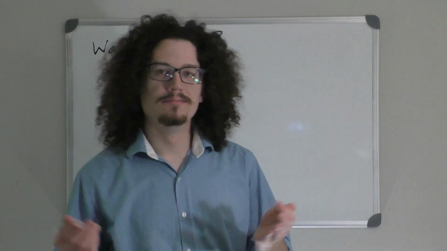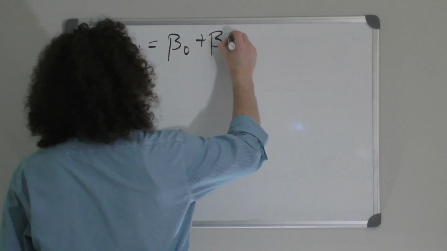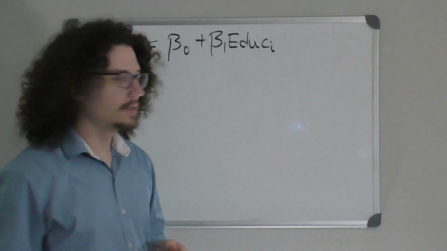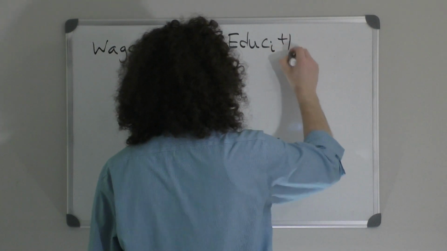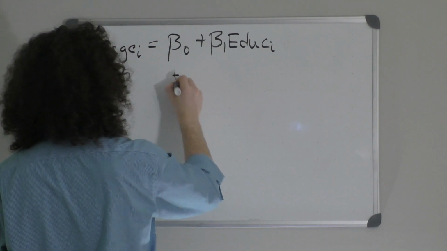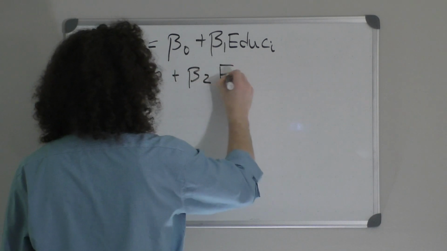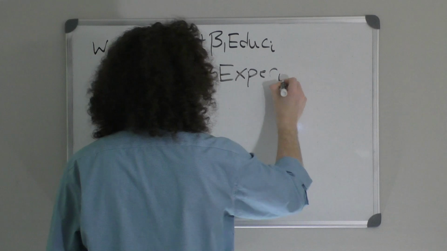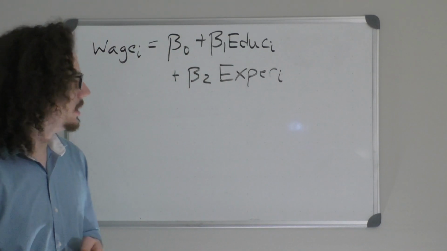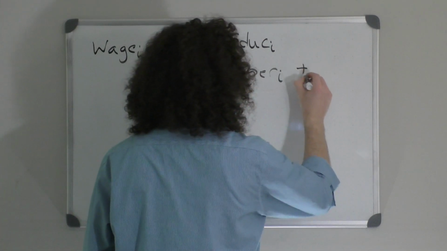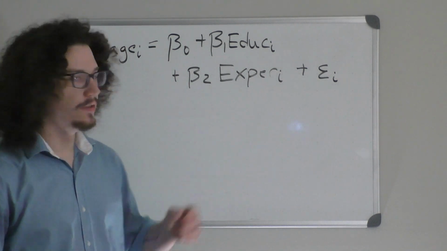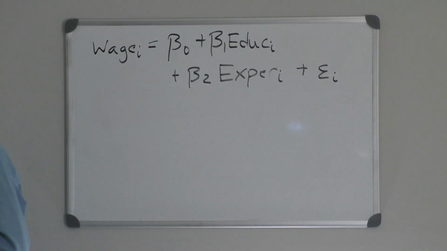I'm going to condense this to EDUC, education, to save some space, plus beta 2 times years of experience, EXPERI, and then of course we don't want to forget to include the error term.